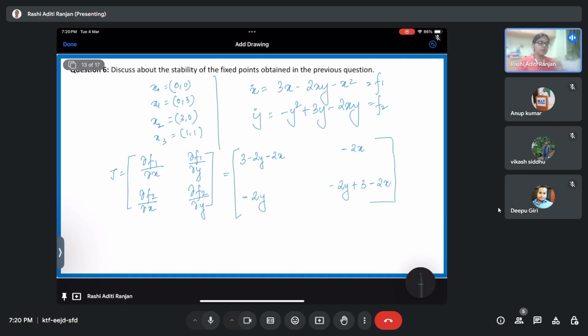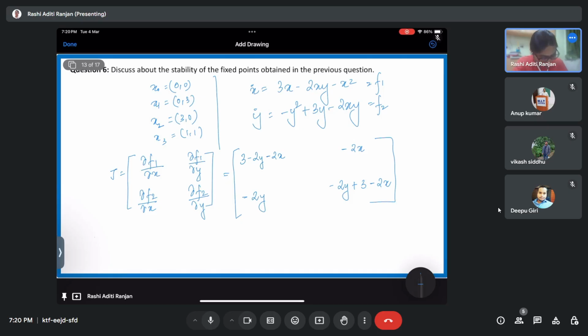I hope this is correct. This is going to be my Jacobian. Now, since I want to find the stability, what am I going to do? I'm going to replace my x and y with the corresponding fixed points, find the eigenvalues, and then I can tell whether my fixed point is stable or unstable.